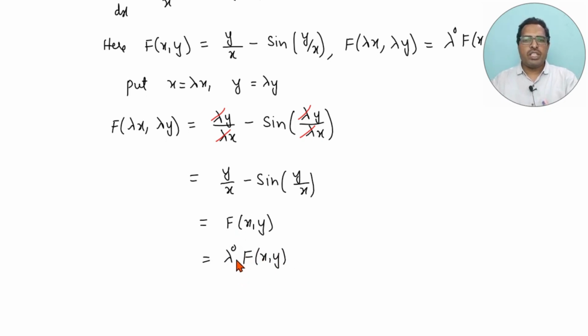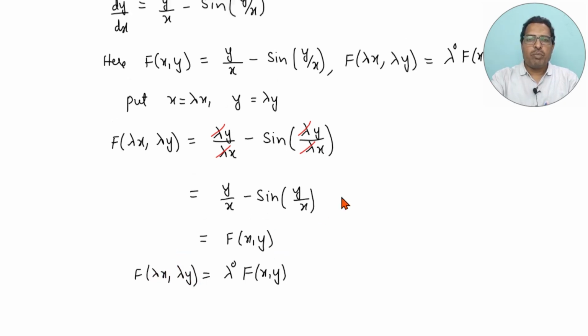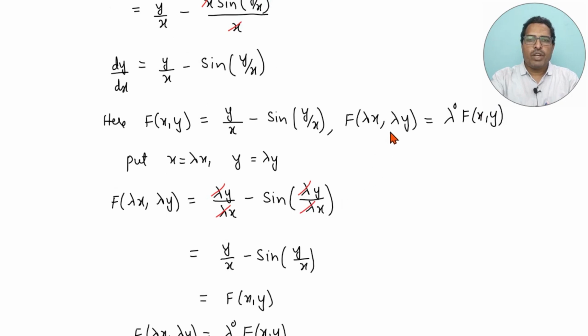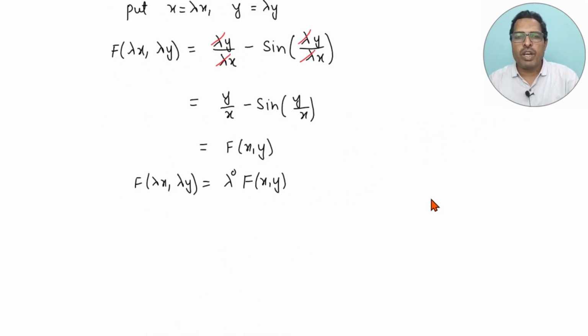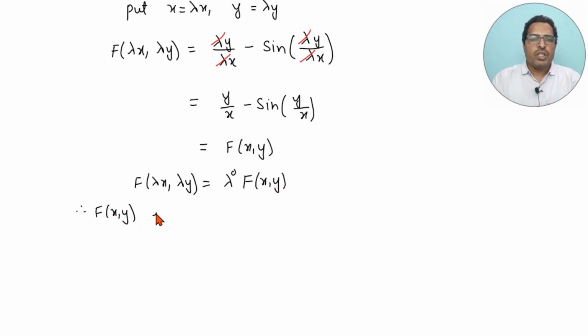So we got f of lambda x, lambda y is equal to lambda power of 0 into f of x comma y. If it is in this form, then what type of function is f of x comma y? f of x comma y is a homogeneous function.